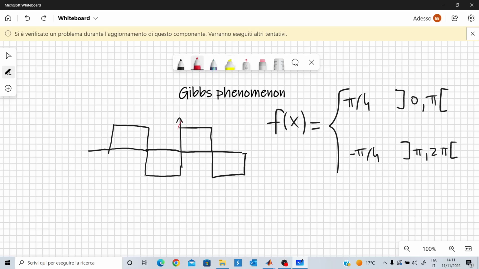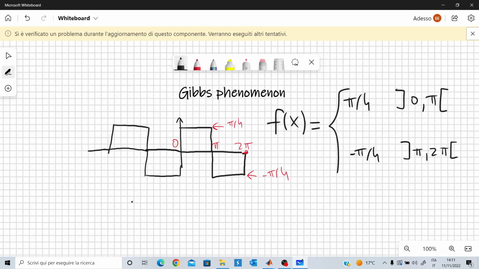So at 0 there is a jump, at pi there is a jump, and at 2 pi there is another jump. So I'm considering this interval here from 0 to 2 pi. This is 0, this is pi, this is 2 pi here. The function here is equal to pi over 4, whereas in here it is minus pi over 4.